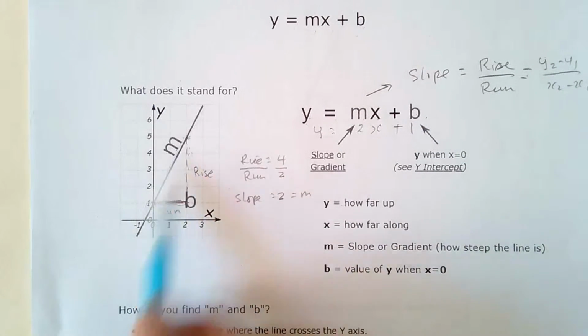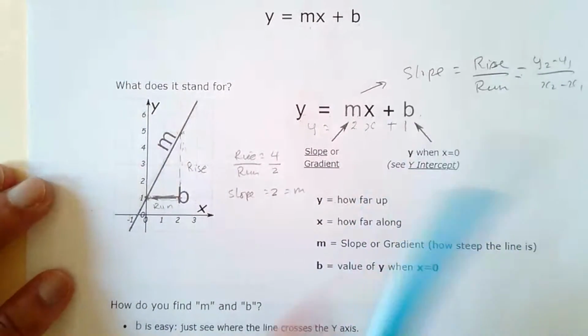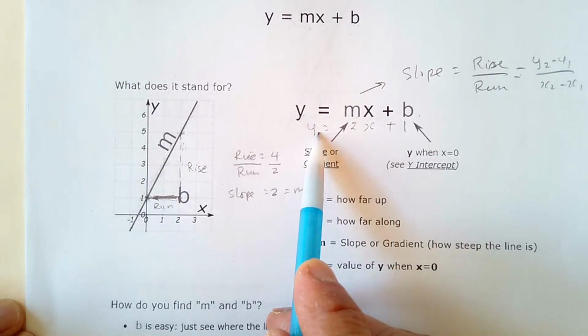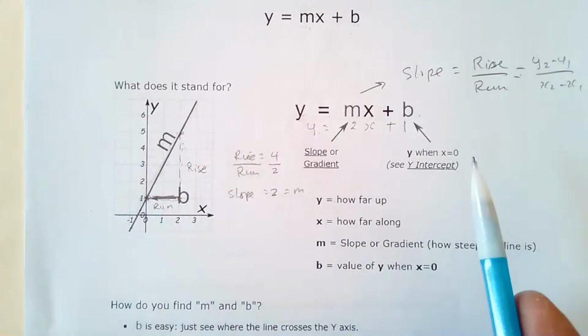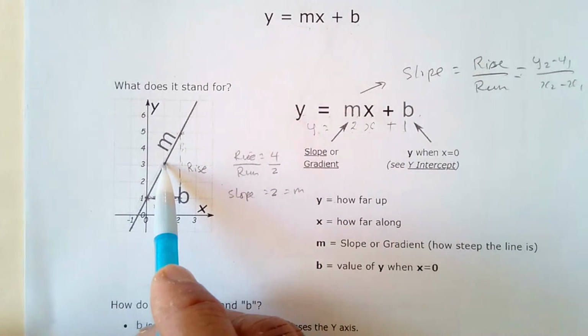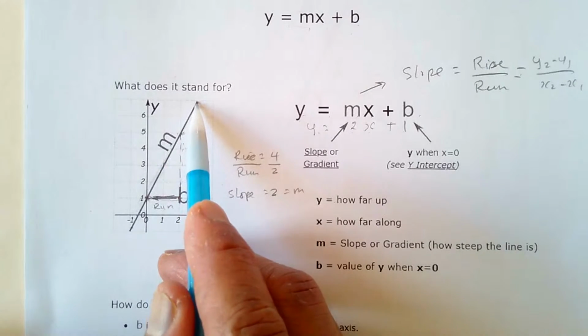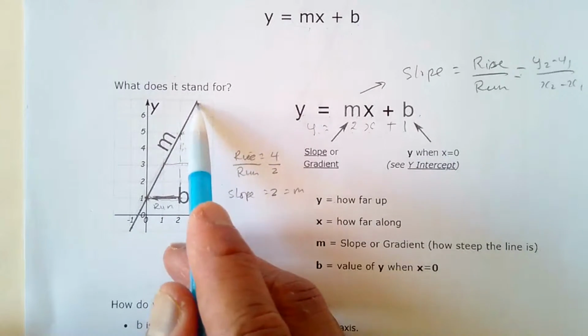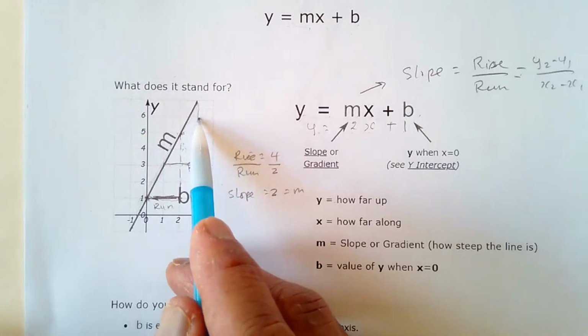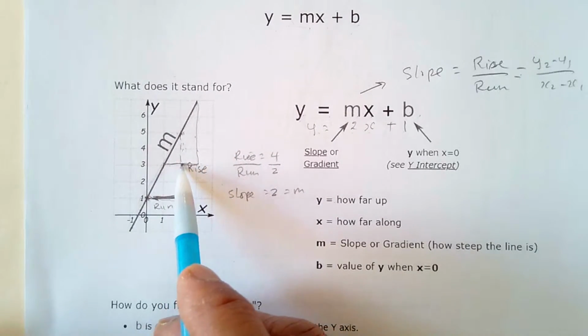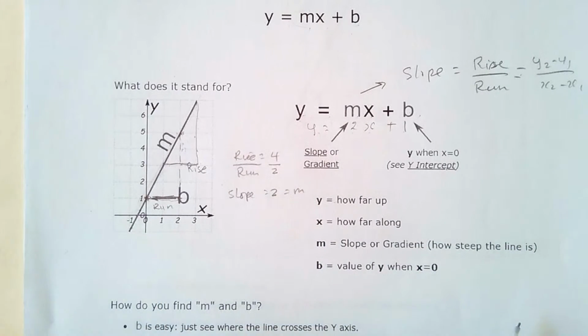So this line has the equation y equals 2x plus 1, and the slope is the steepness of the line. No matter where you pick two points on the line and draw a right triangle, you still have 1, 2, 3, 4 over 2, rise over the run.